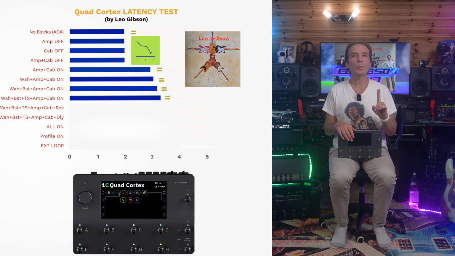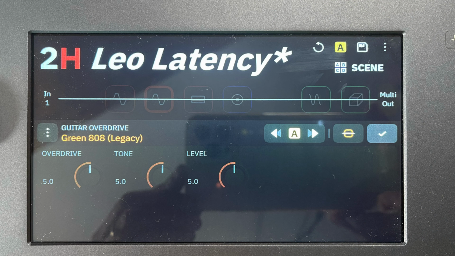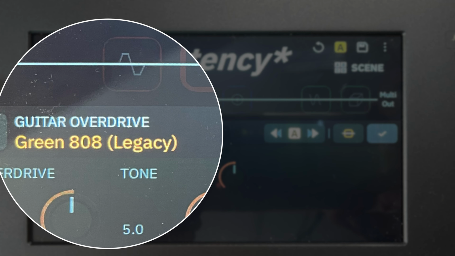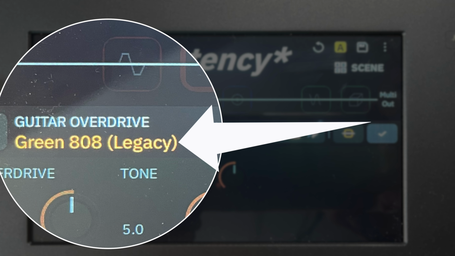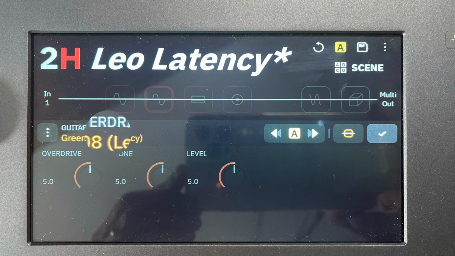But here I want to point out one pretty important thing. Please check if you have in the chain the so-called legacy effect blocks. For instance, one of my old signal chains with the new firmware had a tube screamer called Green OD808 Legacy.